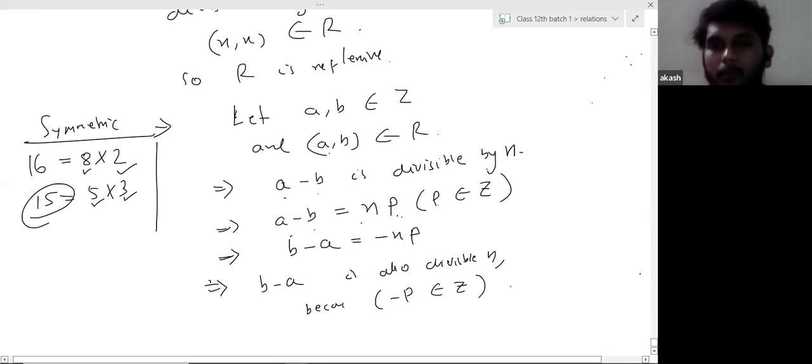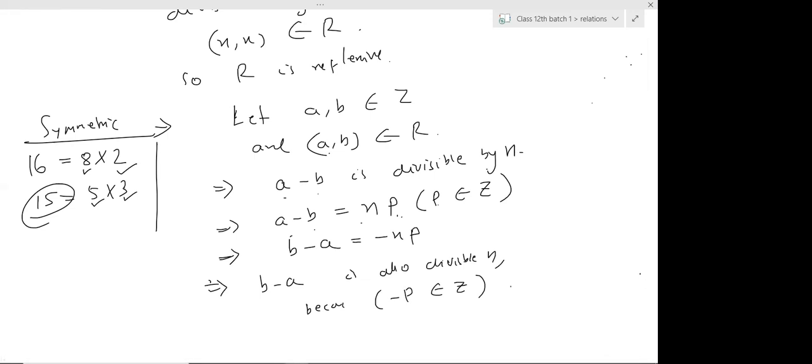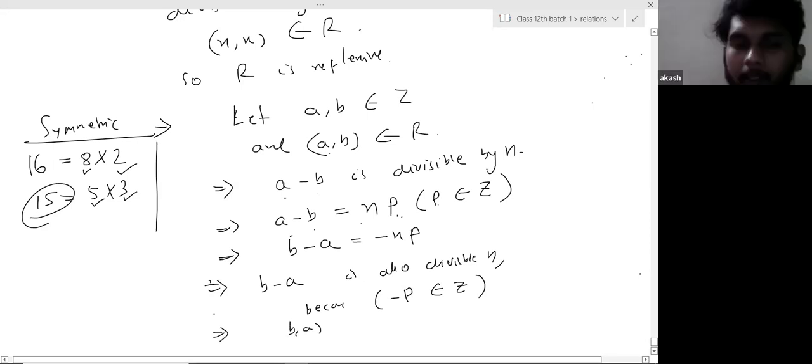If p belongs to Z, then minus p also belongs to Z. This is clear, everyone? Yes, sir. So (b, a) also belongs to R. So R is a symmetric relation. All right.